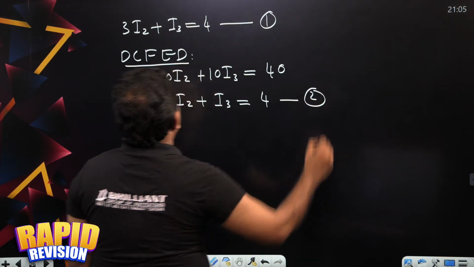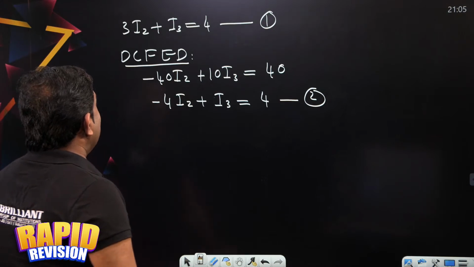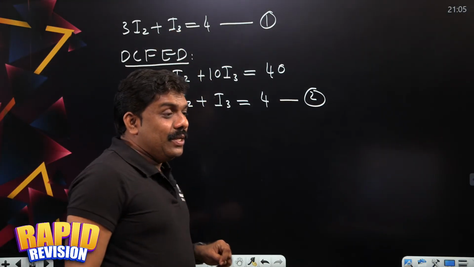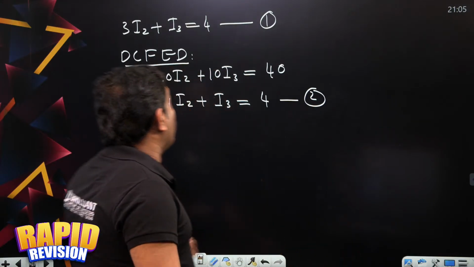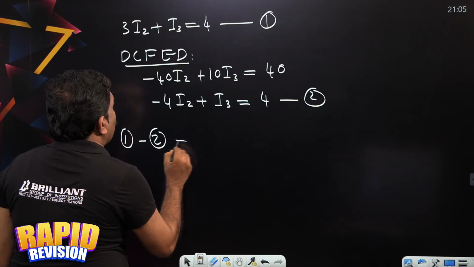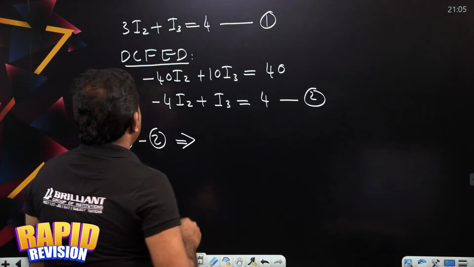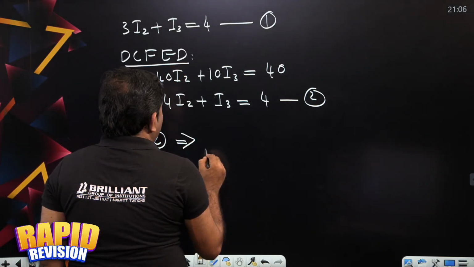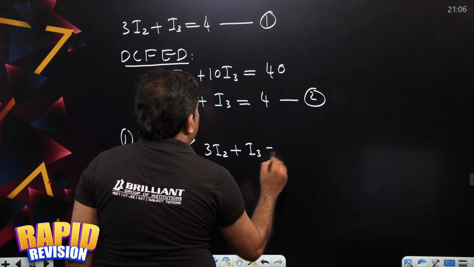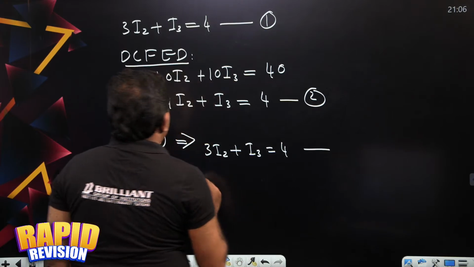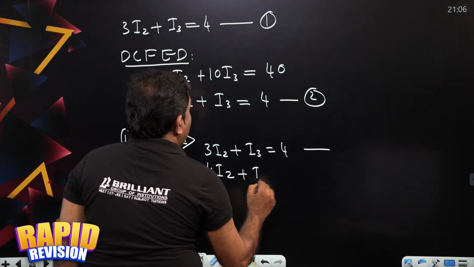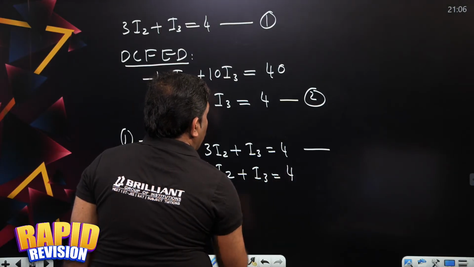That is equation 2. Now here you can see that there is I3 here and I3 here. So we can subtract these two equations. So equation 1 minus 2 implies 3I2 plus I3 equal to 4 minus, 4I2 plus I3 equal to 4.